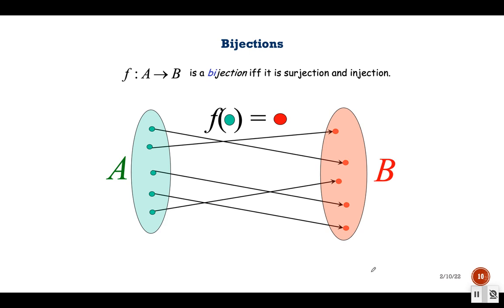Okay, so you can see that here, every input is mapping to a different output. And from set B you can see that for every element in B there is an input from A. So every element of B has exactly one arrow.